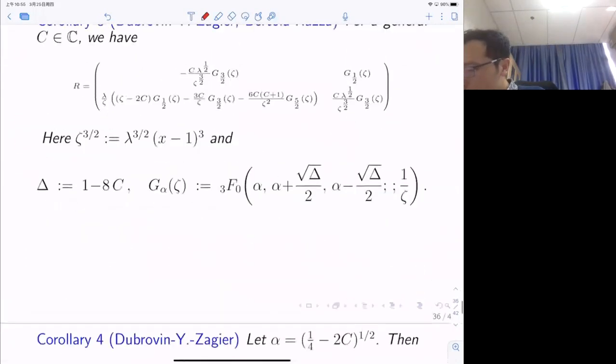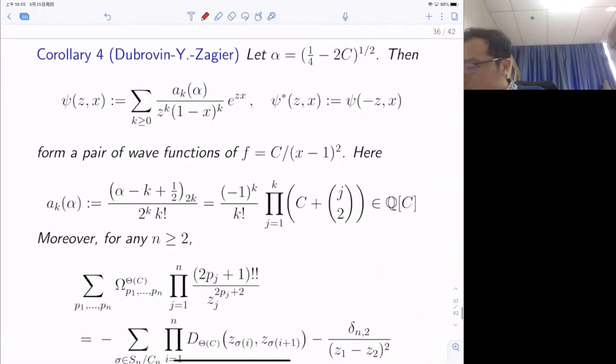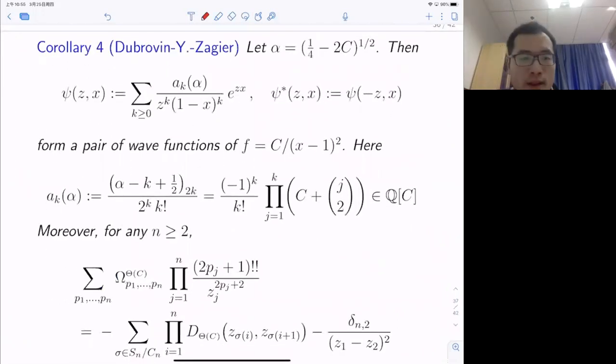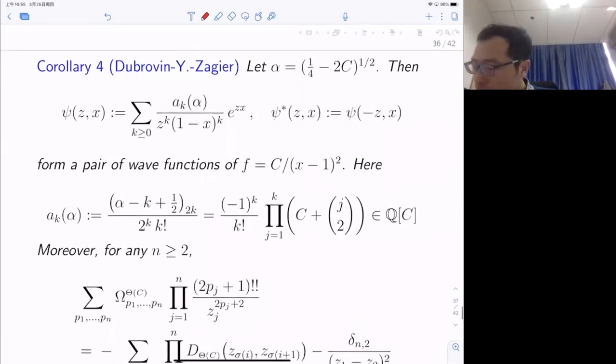The next thing is the application of theorem 1 to the BGW Norbury story. In this case, we have the explicit form of the wave function given by this, and psi star is given by just changing z to minus z.